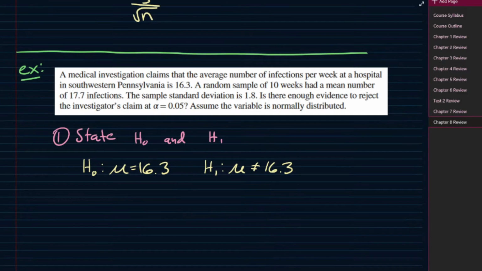That lack of verbiage also signifies that we're just testing to see if it's anything other than 16.3. So that definitely can be a bit confusing. I guess when in doubt, if it's not saying anywhere you're testing for something bigger than or something less than, default to a not equal to sign and do a two-tailed test.